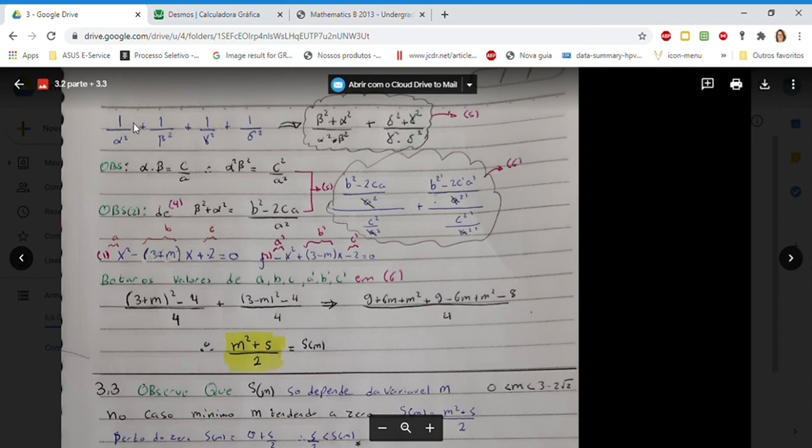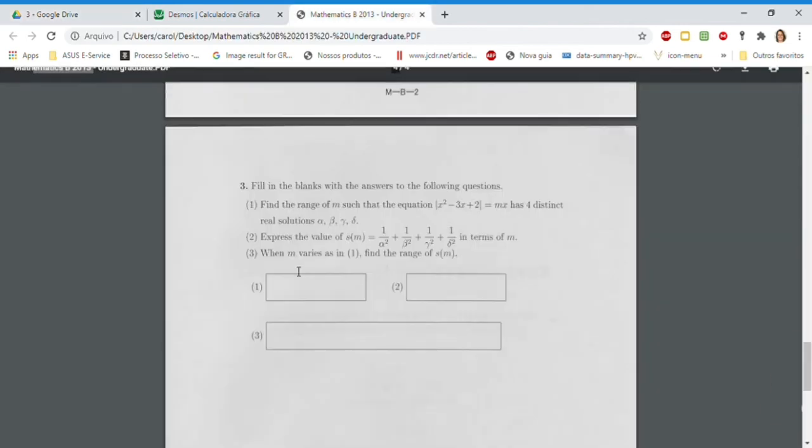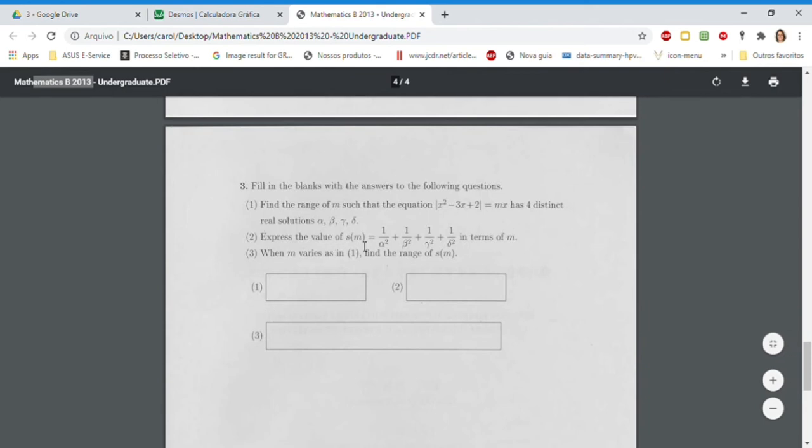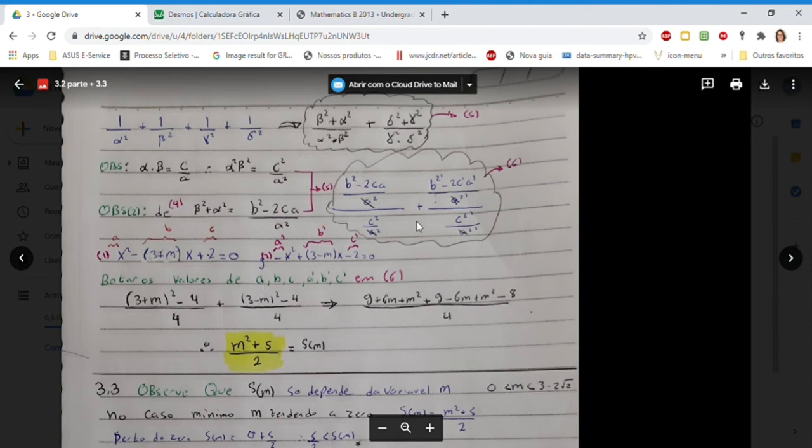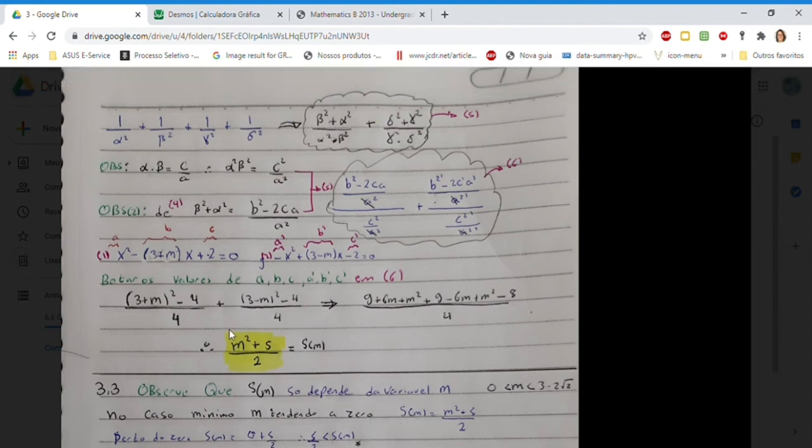Here in these pages you'll find all the algebra manipulation if you get stuck at any point, so you can go with it. So for part 2, he wants the S of m, that is this part over here, and you can go carrying with these pages and find it. So S of m will be this part over here. It doesn't have anything to think about, it's all algebra, and if you get stuck, just look in the link.